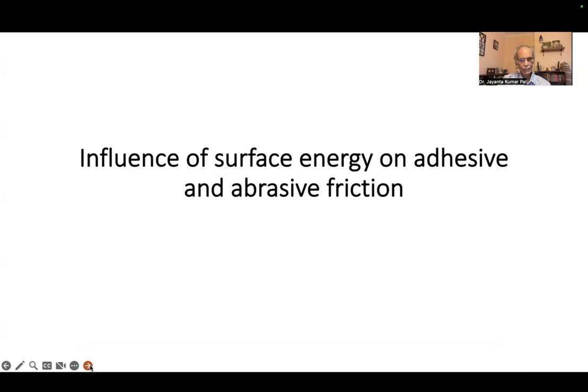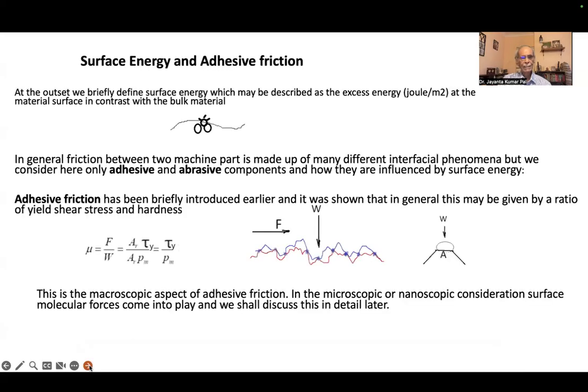Let me go to the next slide. Now, before we discuss the effect of surface energy, let's discuss a little bit about what surface energy is. Surface energy is basically the excess energy, usually given in joule per meter square, at the material surface, which is not so within the bulk of the material.